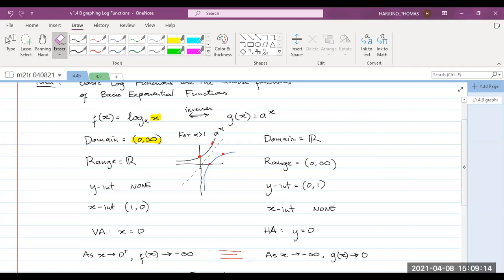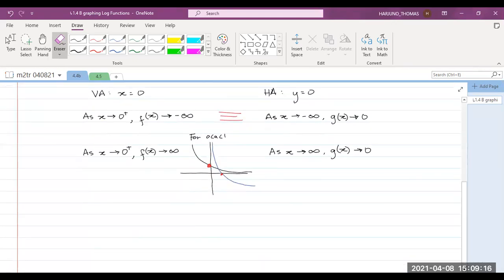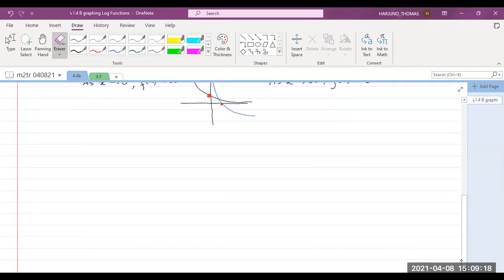Now, let's apply this to log functions. I believe in my lecture I did log base 2. That's a standard approach when we barely start teaching. Now let's start using log base 3 instead. So example 1, can we graph y equals log base 3 of x?